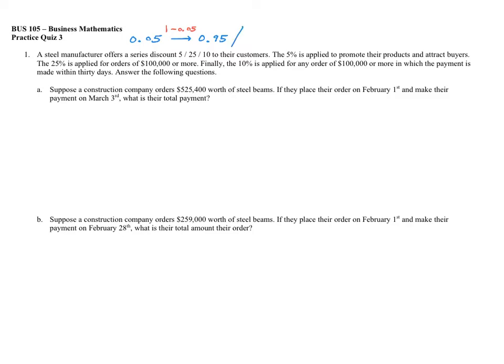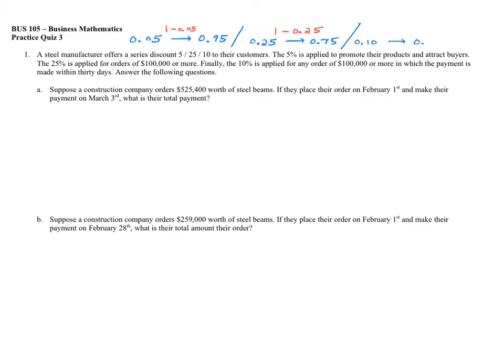So what's happening here is we're subtracting the percent from 1. Likewise, if you have 25%, that's 0.25. If you take that from 1, you get 0.75. And lastly, if you have 10%, that's 0.1.